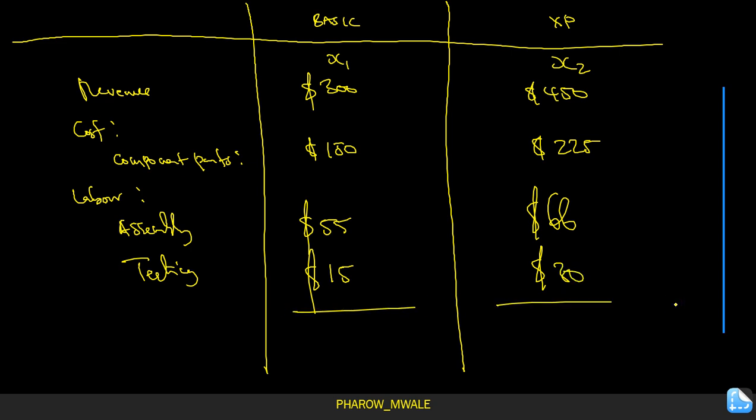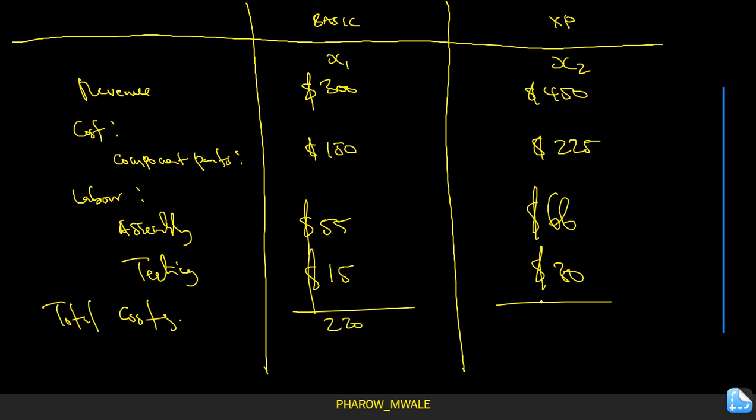Now we can add to find our total. So we can find our total costs first. What will be our total costs? Our total cost for the basic will be 150 plus 55 plus 15. So it will be $250.